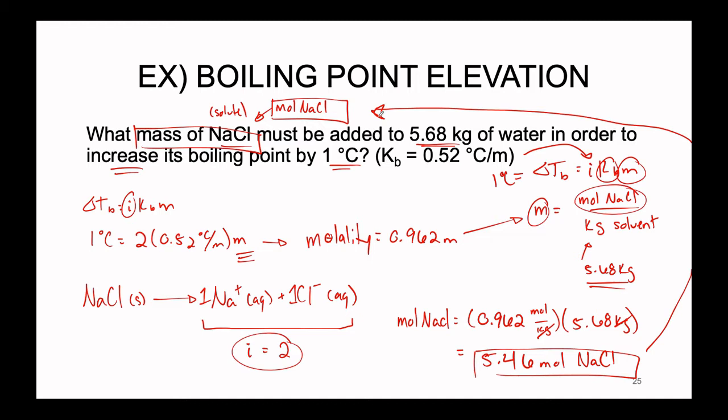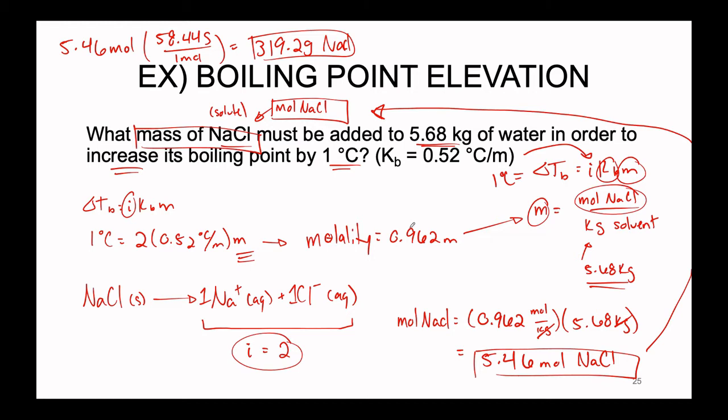In order to convert from moles into mass, we're going to need the molar mass of our sodium chloride, which, again, all we need to do is look at the periodic table to find that there are 58.44 grams of sodium chloride per every 1 mole. Crunch, crunch. And we find that we need 319.2 grams of salt in order to raise the boiling point of water by even 1 degree Celsius.